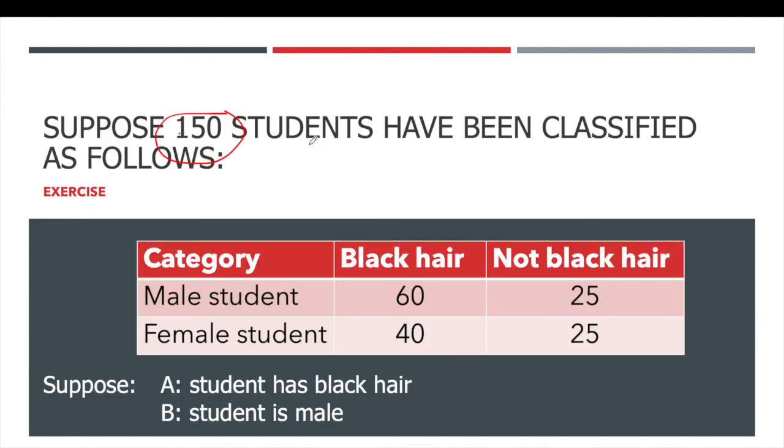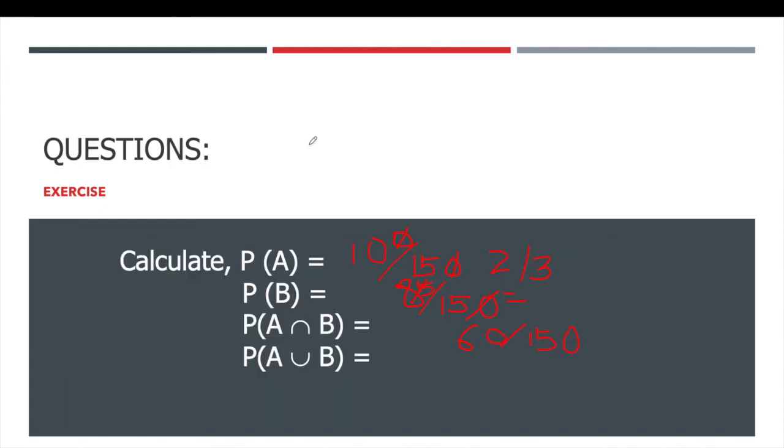So we can just put here P(A) plus P(B) minus P(A intersection B).